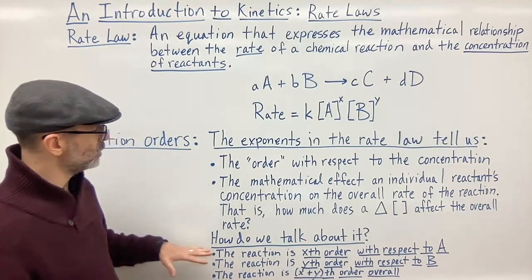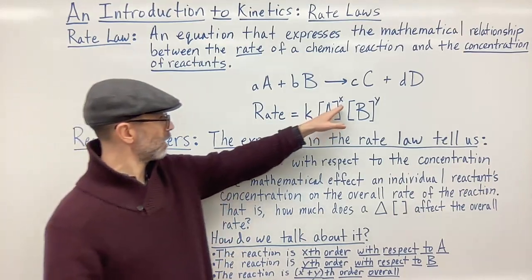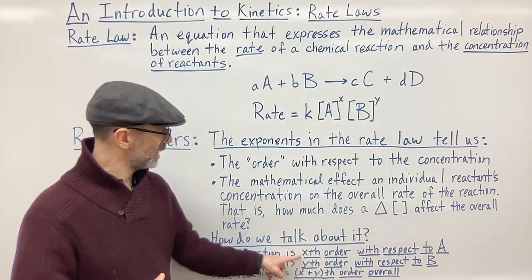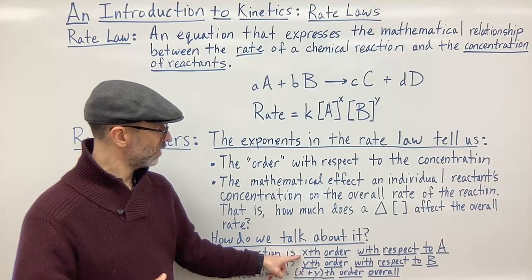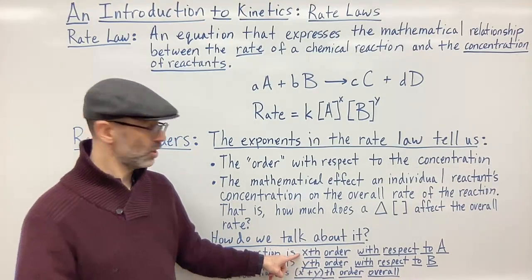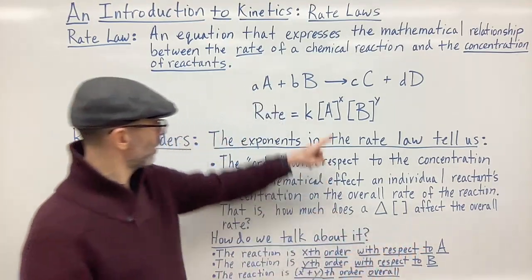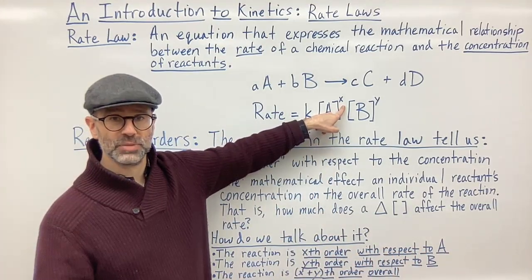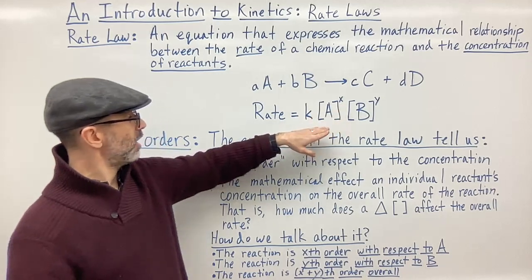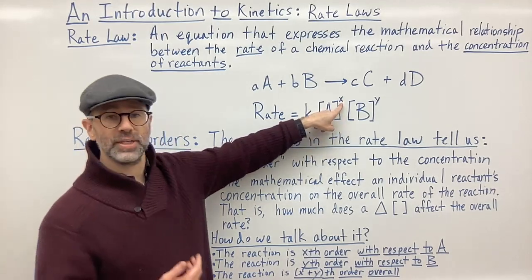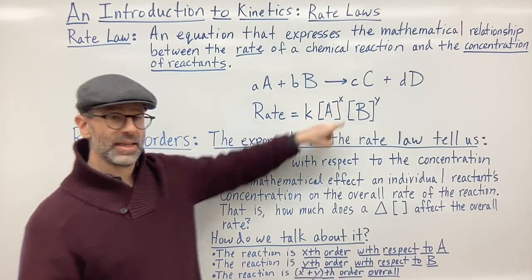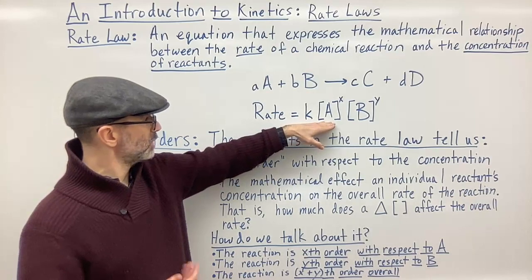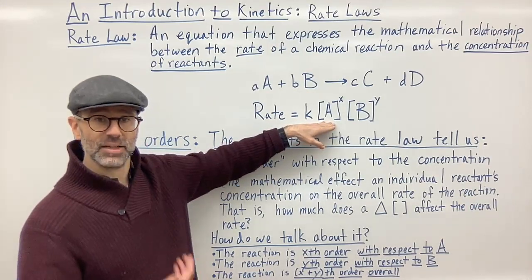Okay, so how do we talk about our orders? As I said, whatever the x power is, that is the xth order with respect to A. So if x is 1, it would be first order with respect to A. If the x here was a 2, then the rate order with respect to A would be second order.